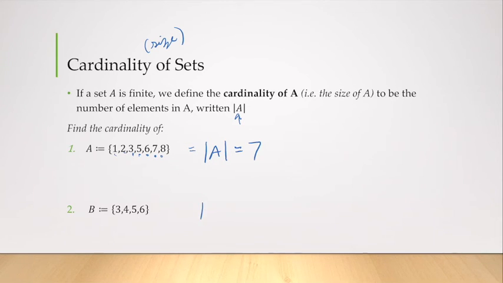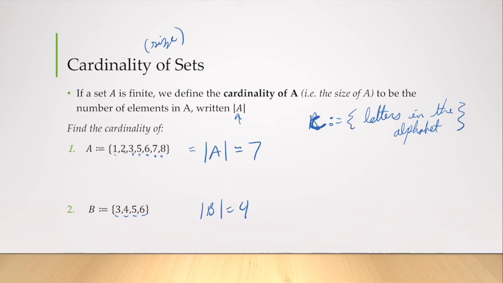If I want to find the cardinality of B, it has 1, 2, 3, 4 elements, right? If I defined a set C to be the letters in the alphabet, okay, the size of C would be 26. So you can have the set listed or you can have it described and still be able to find its cardinality.